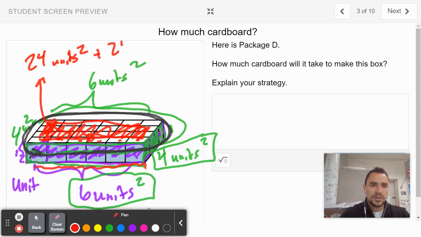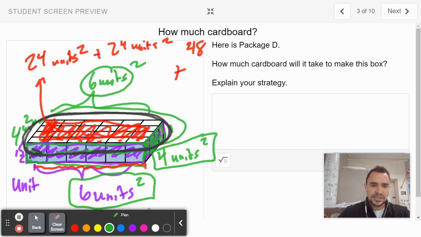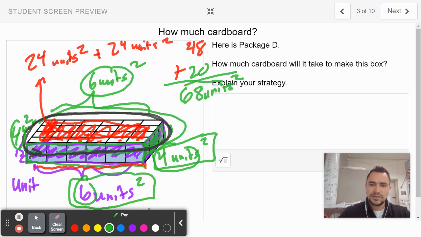So we have another 24 units squared. So I think this is going to be 48 plus the green, which is 6 and 4, which is 10, and 6 and 4, which is 20. So it's going to be 68 units squared.